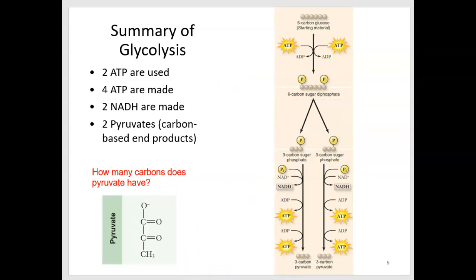Also, the original phosphates that were added to get things started, they will eventually get broken off and used, maybe not those exact ones, but at least replenish the store of phosphate so that in each of these transformations to pyruvate, we make 2 ATP. So the net result is that 4 are made, but we net 2 ATP.